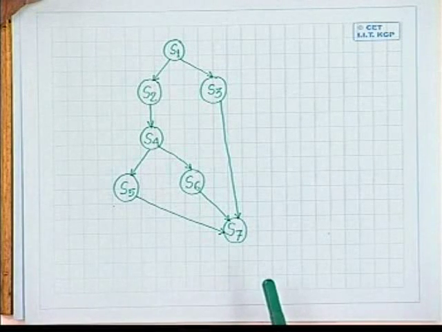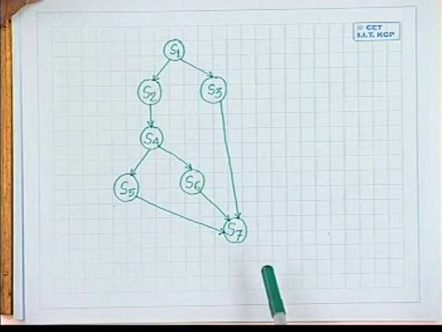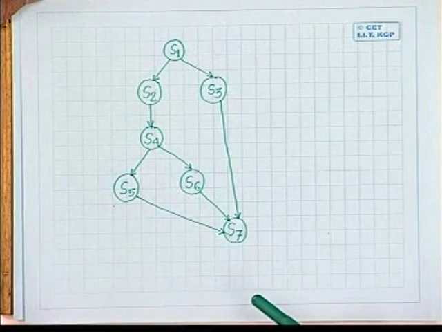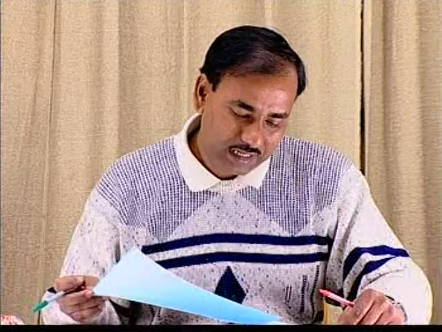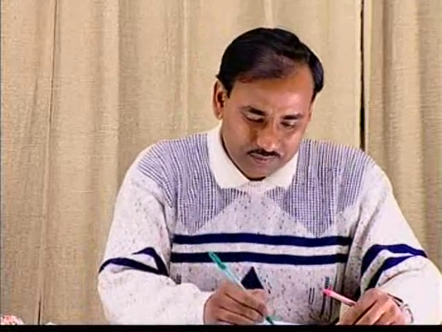In that case, it may so happen that defining a single count variable is not sufficient. I can go for multiple count variables, say, for example, count 1, count 2, count 3, and so on. So let me quickly take another simple precedence graph and see how we can write a fork join based structure for that.